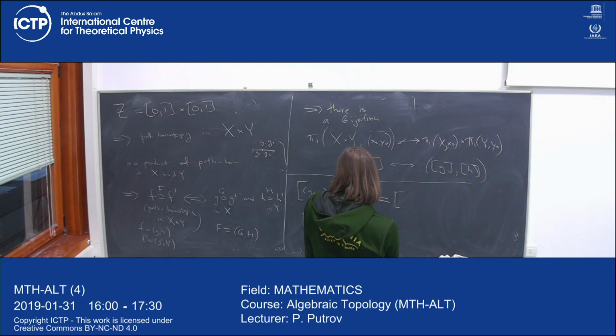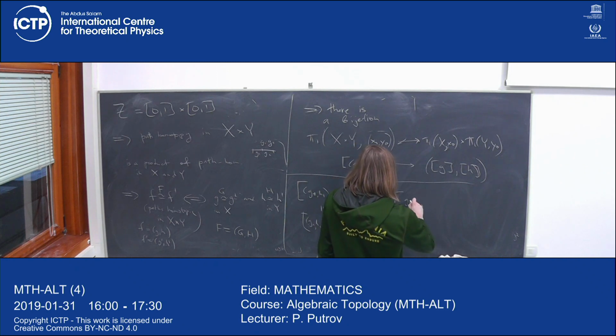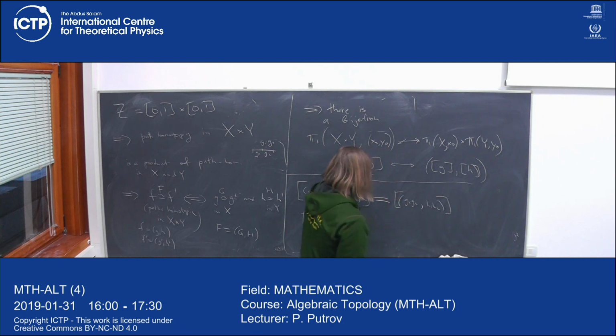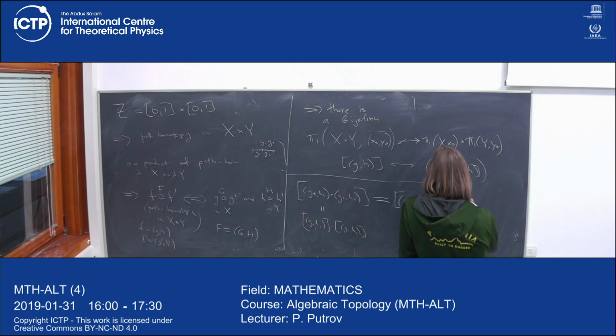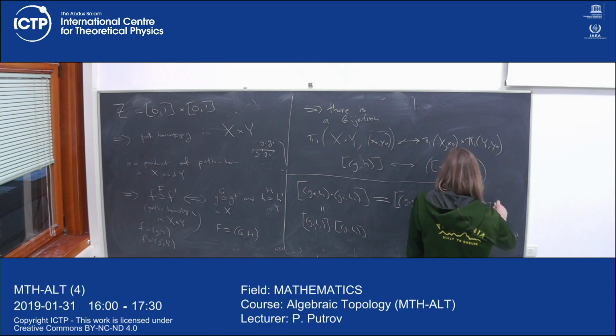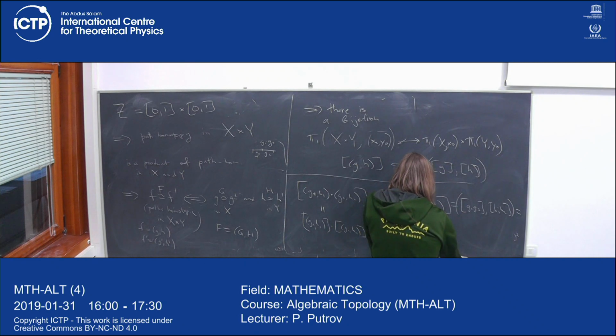So the concatenation of two paths in X times Y is the same as concatenating the paths in X and then concatenating them in Y. By this bijection, this is the same as G1 G2, H1 H2, and this is the same as the product of the classes of G1, and so on.